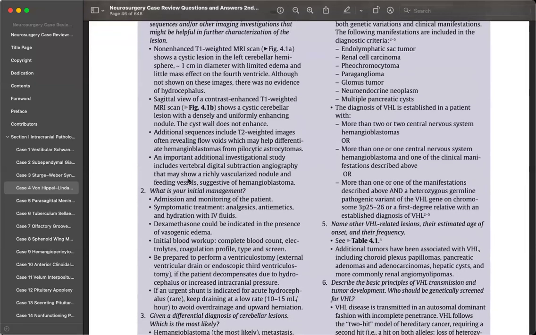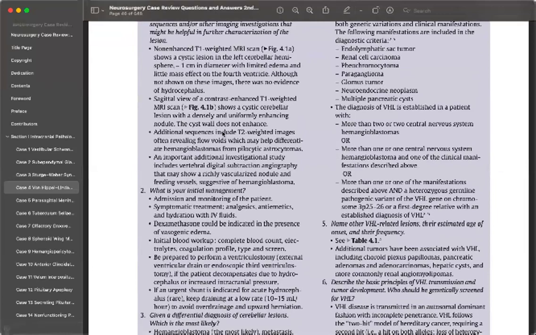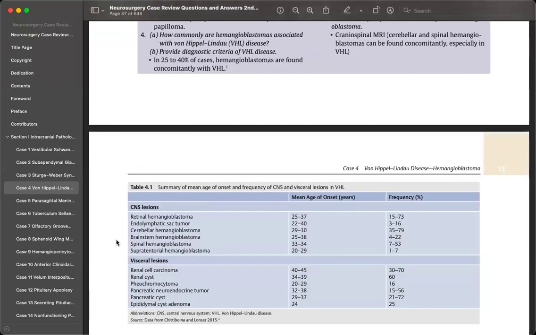Name other VHL-related lesions, their estimated age of onset, and their frequency. So we have CNS lesions and we have visceral lesions. Among CNS lesions, the patient can have retinal hemangioblastoma, and the age of onset is usually around 25 to 37 years of age. Frequency in VHL patients is 15 to 73%.